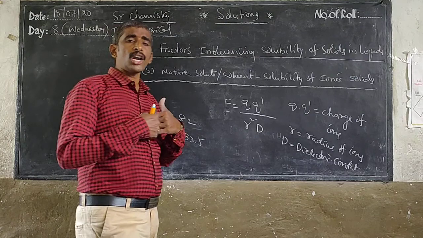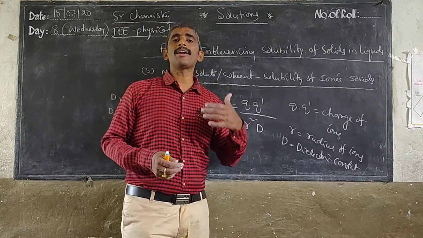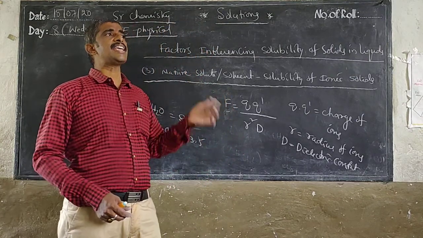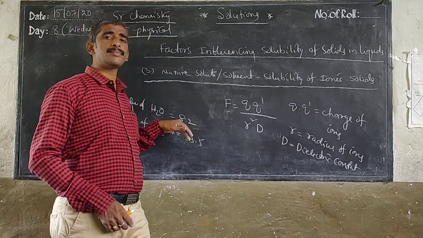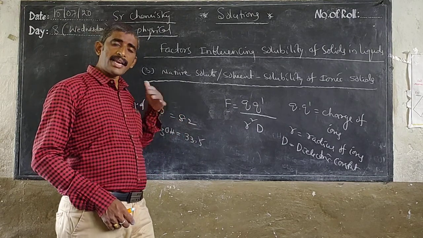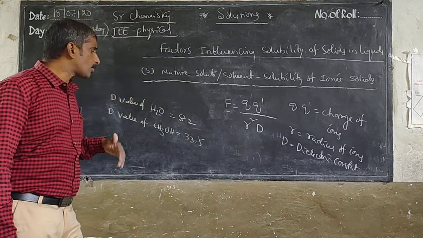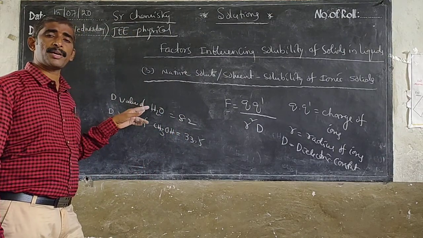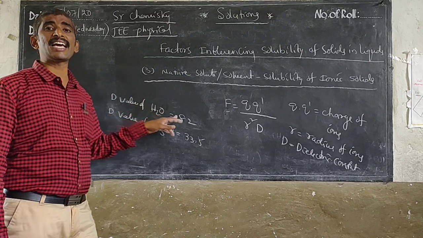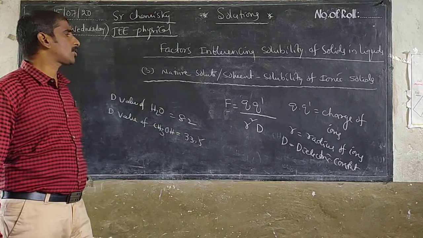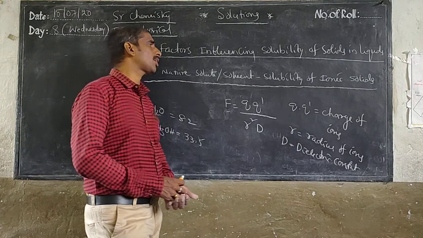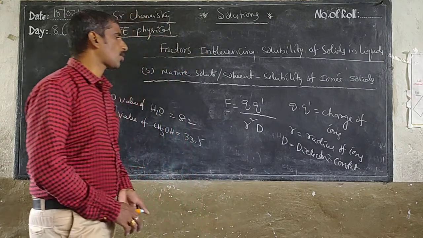Generally, ionic compounds are soluble in solvents having a higher value of dielectric constant. Ionic compounds are soluble in water because water has a high dielectric constant value. So these are nature of solute and solvent for ionic solids.